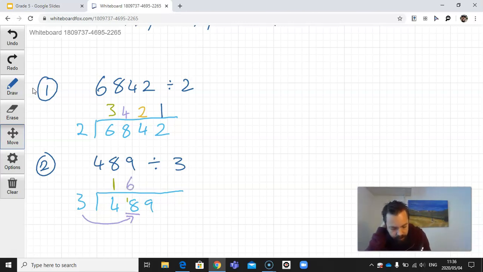So the 6 goes up top. And I used them all up, so there was nothing left over, which means that I now go on to looking at my neighbor afterwards and ask how many times does 3 go into 9? 3, 6, 9. 3 times, nothing left over, and that's my answer, 163. So 489 divided by 3 is 163.